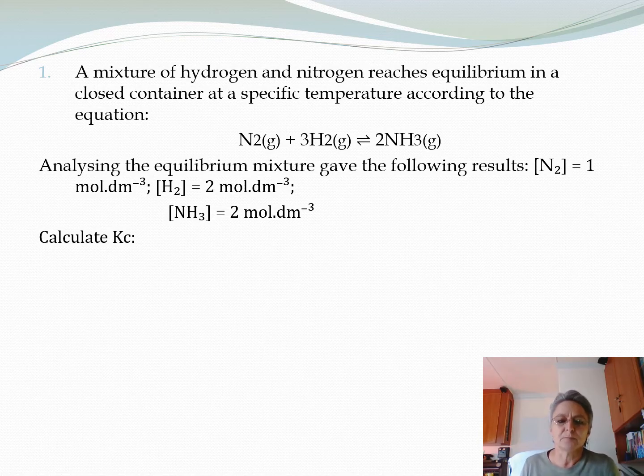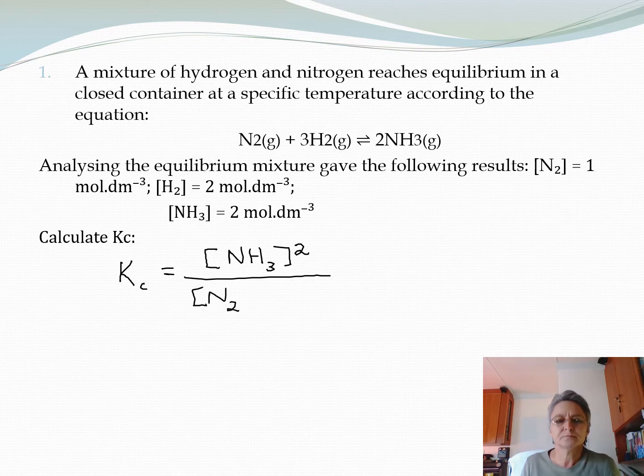Calculate Kc. First of all, we need to write down the expression for Kc. It would be the concentration of ammonia to the power 2, divided by the concentration of nitrogen times the concentration of hydrogen to the power 3.